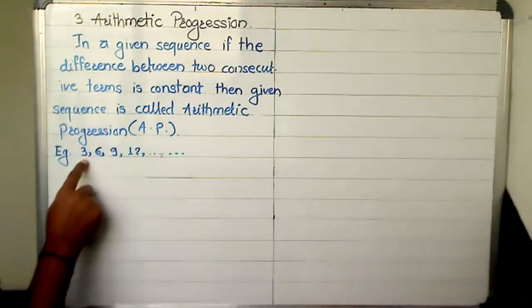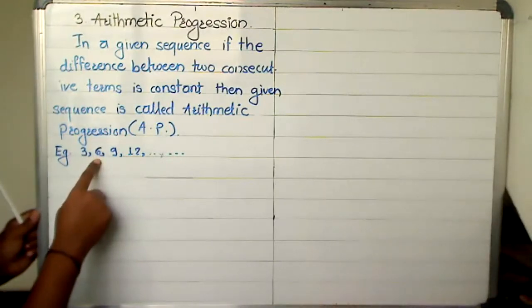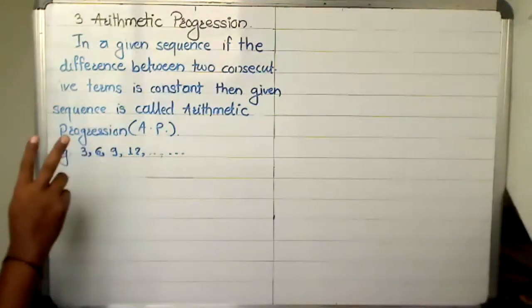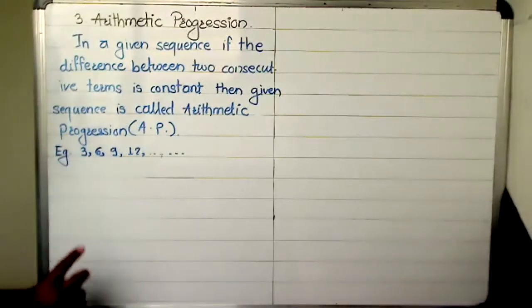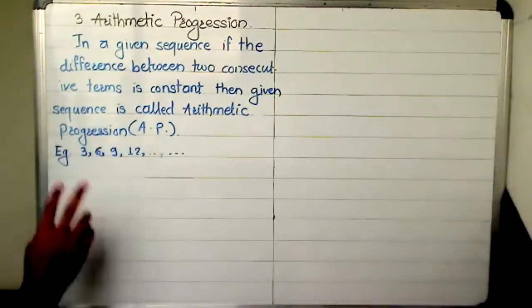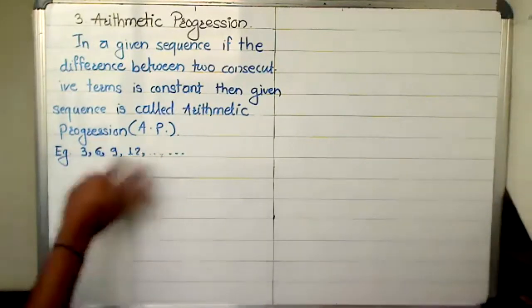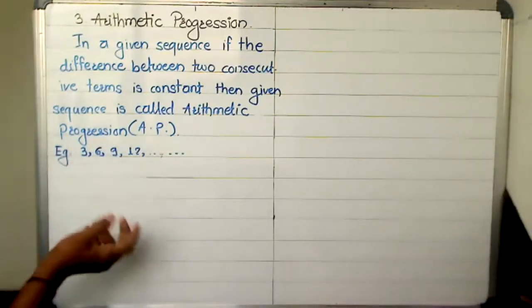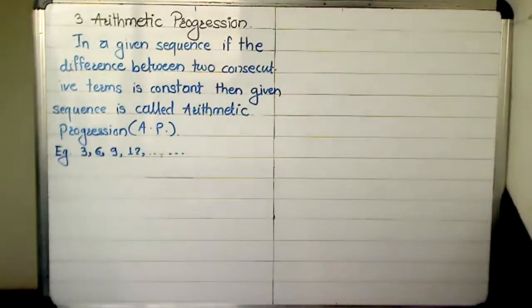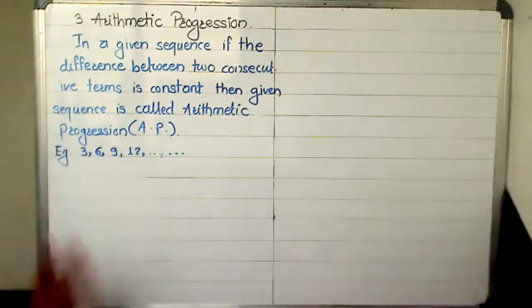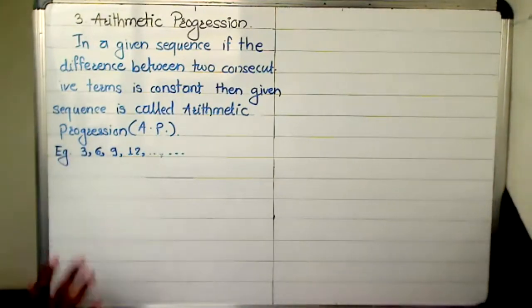If you observe, 3 and 6 are two consecutive numbers, 6 and 9 are consecutive, and 9 and 12 are consecutive. Now we just have to check the difference between them. If the difference between any two consecutive numbers is the same, then that sequence is said to be an arithmetic progression.